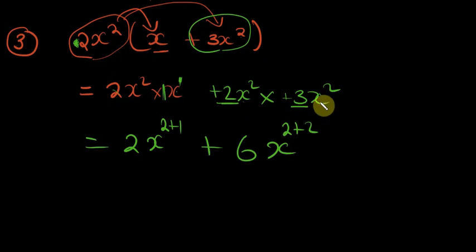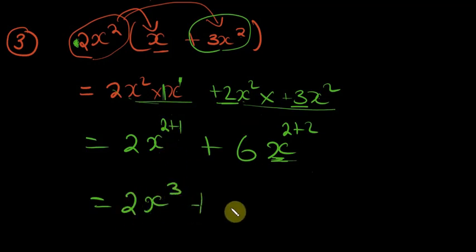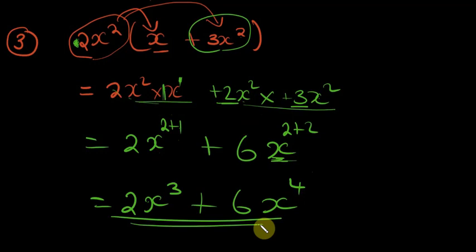Because the bases are the same, just write x and then add the power. Finally, 2x to the power 2 plus 1, that is 3, plus 6x to the power 2 plus 2, that is 4. Right, that is the final answer.